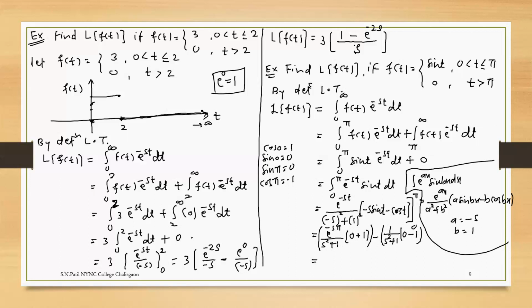The denominator is the same. In the numerator, the remaining terms are e raised to minus s pi plus 1, divided by s square plus 1. So this is the Laplace of f of t of the given problem.